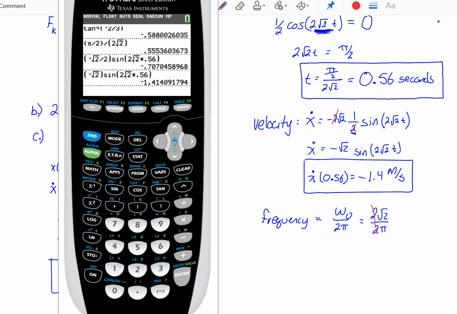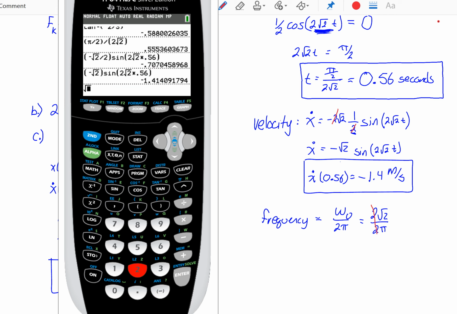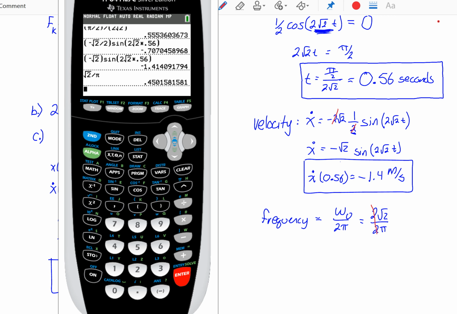So I'm going to grab my calculator. √2 divided by pi gives us 0.45. So your interpretation is there are 0.45 cycles per second.